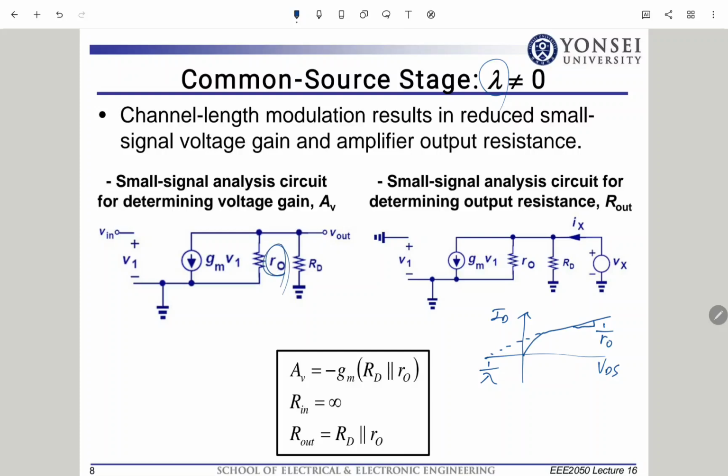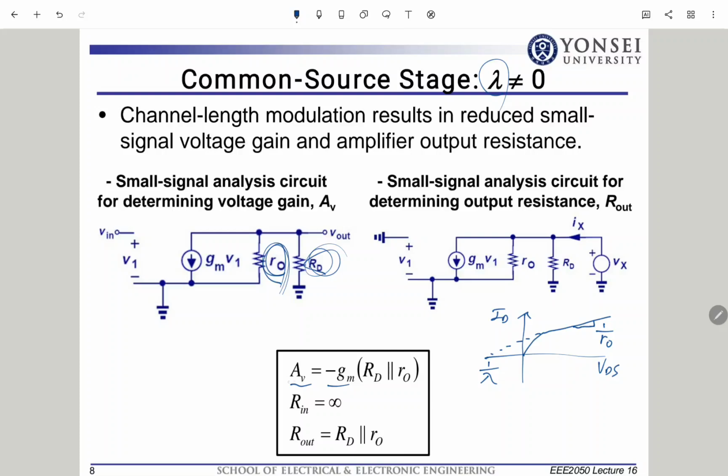So now the gain has changed. The voltage gain now becomes negative Gm times RD in parallel with R naught.